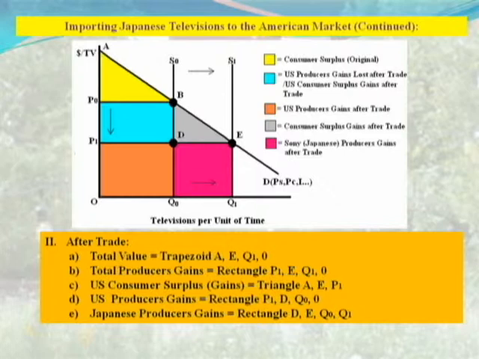The U.S. producers' gains equals rectangle P sub 1, D, Q sub 0, and 0, which is the lower left hand corner. So you can see where that rectangle is now smaller than before.